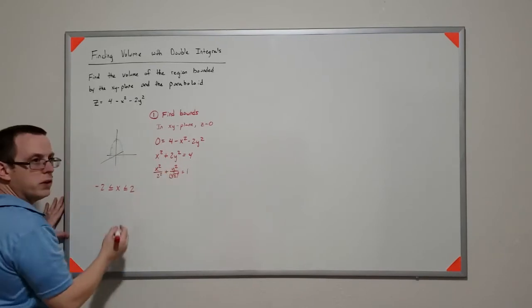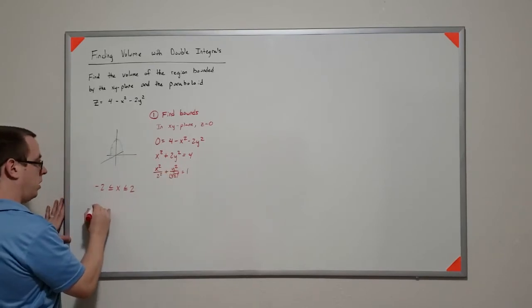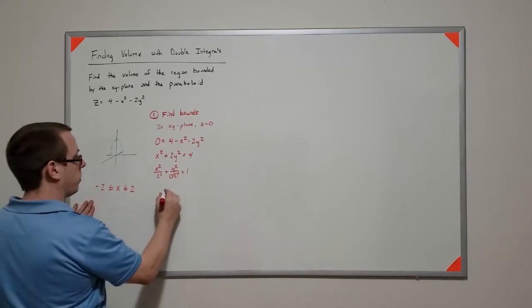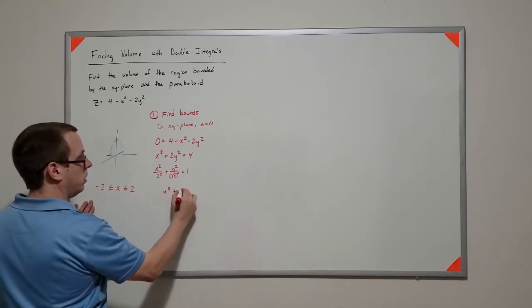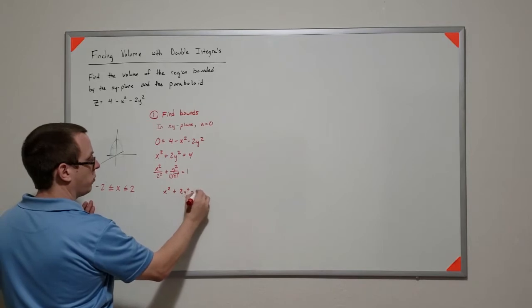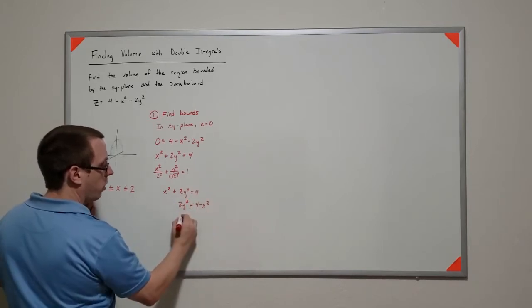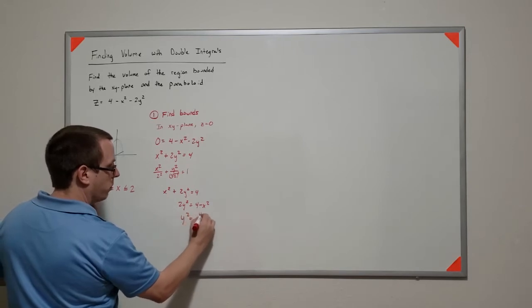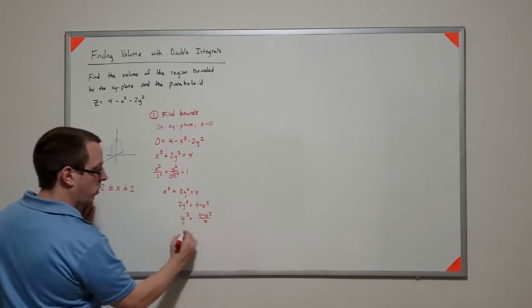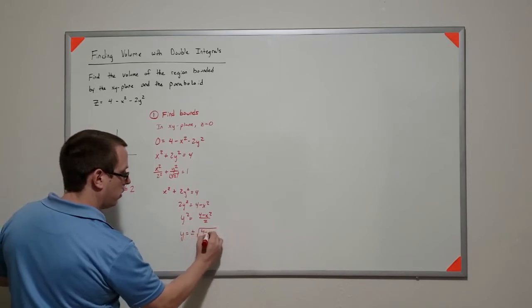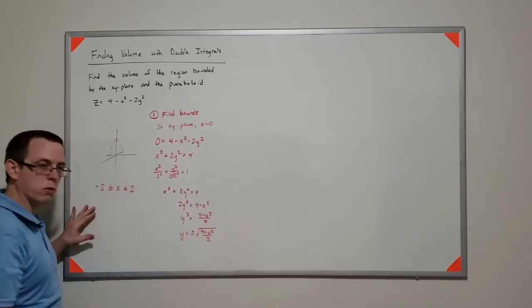So we have x squared plus 2y squared equals 4, or 2y squared equals 4 minus x squared, or y squared equals (4 minus x squared) over 2. So y is plus or minus the square root of (4 minus x squared) over 2.